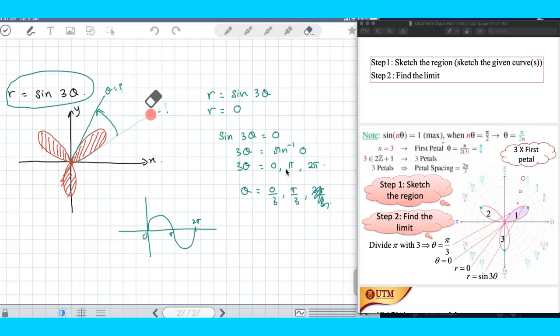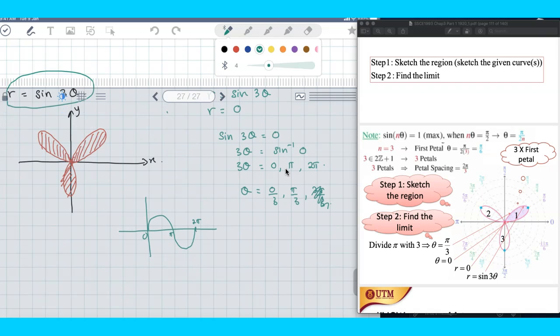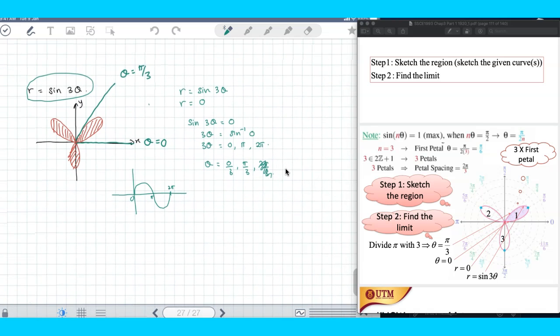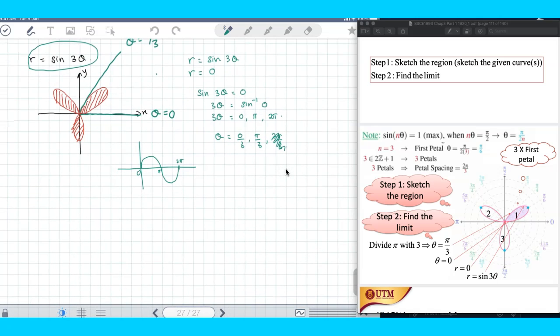So meaning that I should redraw this one. So the angle theta is 0, and this one theta is pi over 3, or 60 degrees. Because we want to evaluate the area, we consider only one petal over here.